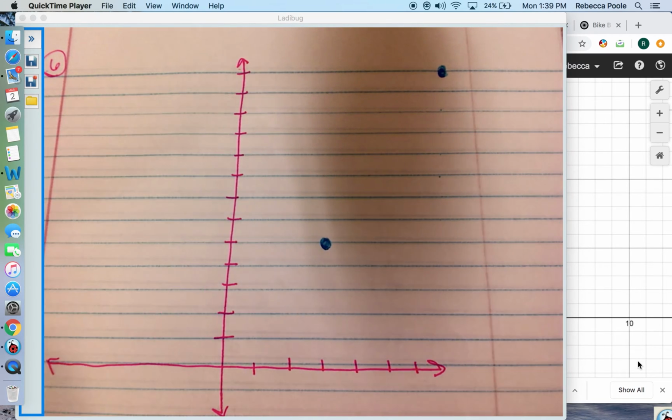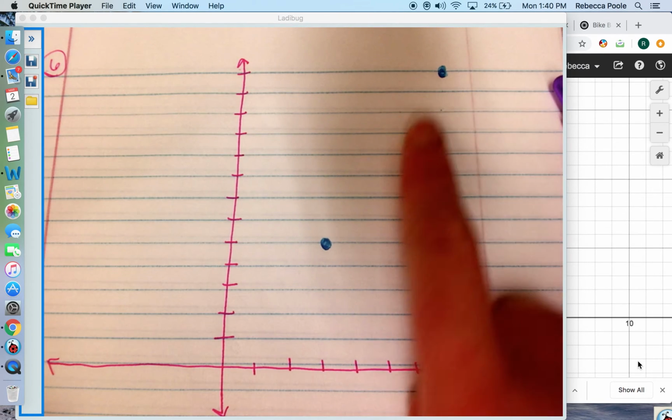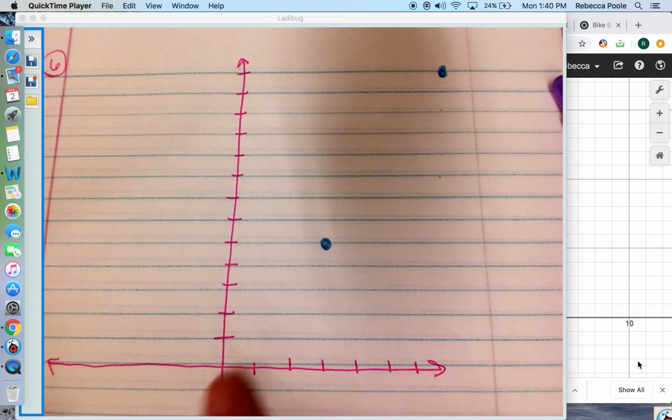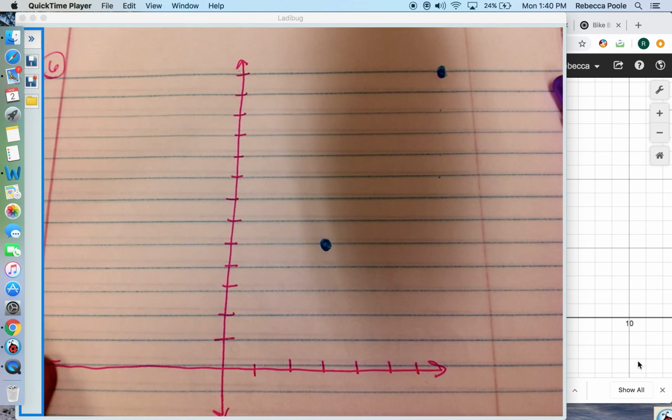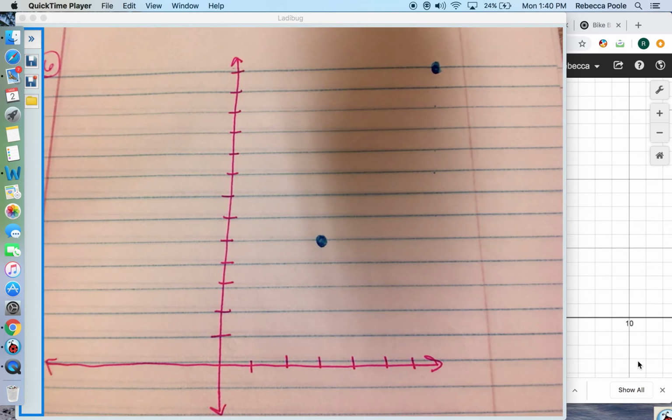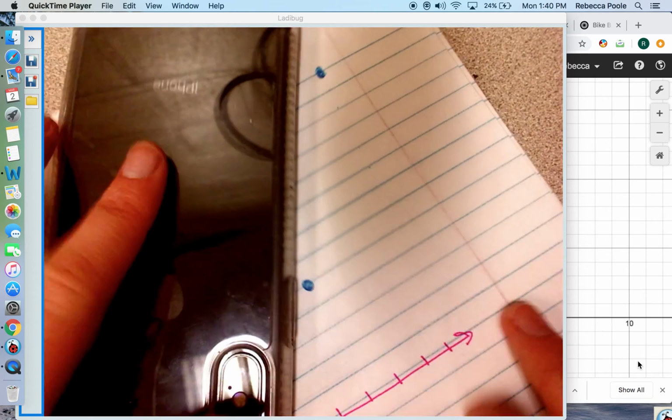Okay, so to find our y-intercept, couldn't I just extend this line and see where it touches the y-axis? Yes, we should be able to. So if I'm going to extend this line, I need something with a straight edge, so I'm going to use my phone.